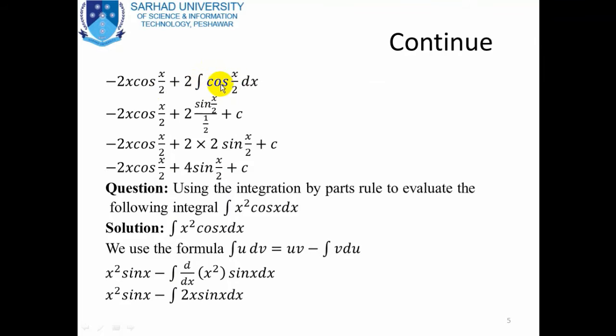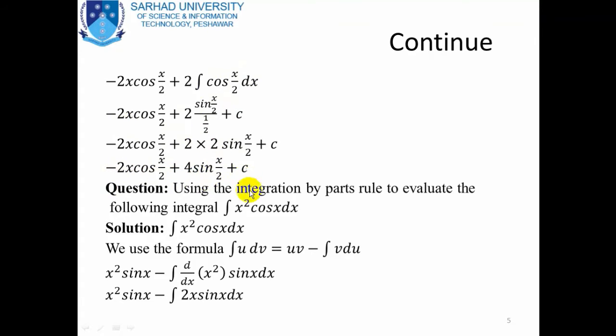The integration of cos theta is sine theta, so the integration of cos x by 2 is sine x by 2 divided by 1 over 2. Now we obtain minus 2x cos x by 2 plus 2 into sine x by 2 divided by 1 over 2 plus c. After simplification, we obtain minus 2x cos x by 2 plus 4 sine x by 2 plus c.